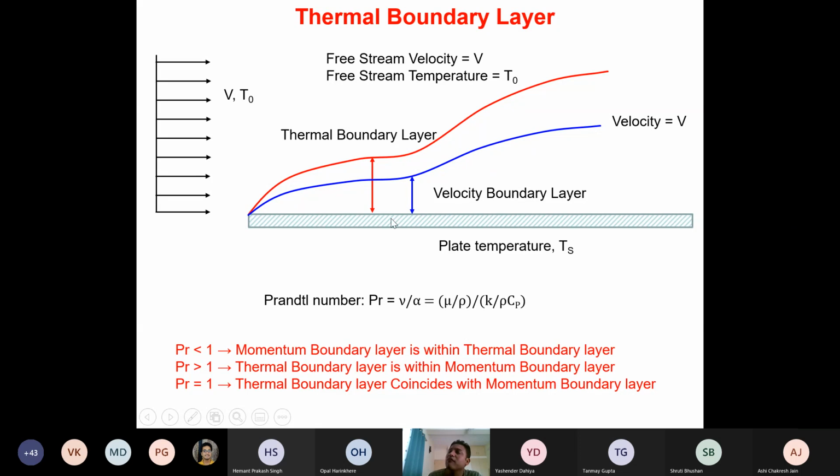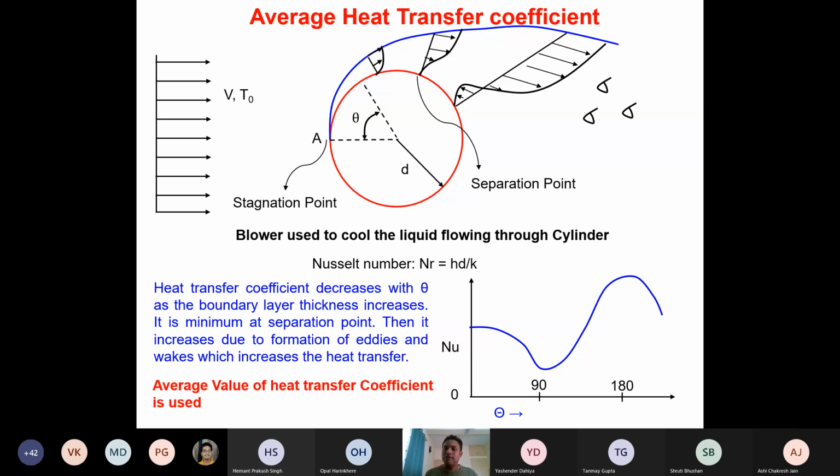My velocity is going to vary, and therefore my heat transfer coefficient is also going to vary. But in most cases the average value of the heat transfer coefficient is used, because that simplifies my heat transfer problem immensely, since I don't have to look at the variation.